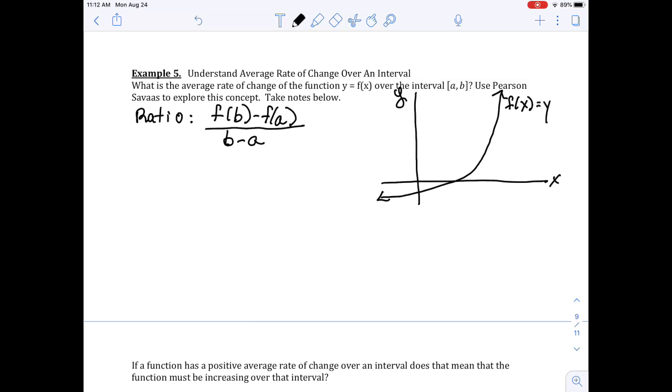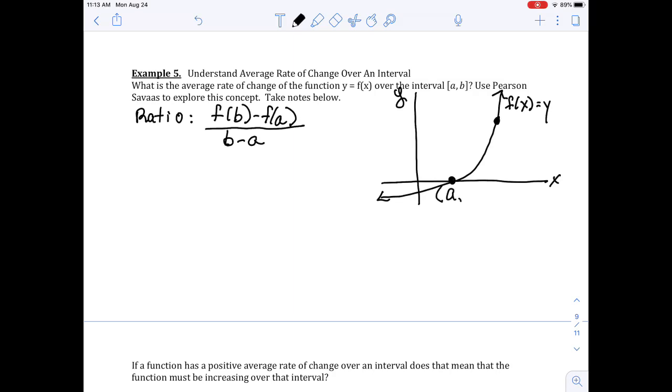Could be called g of x, could be called k of x, h of x. We're going to call it f of x. And we're going to identify 2 points on that curve. So I'm going to identify that point here and this point here.